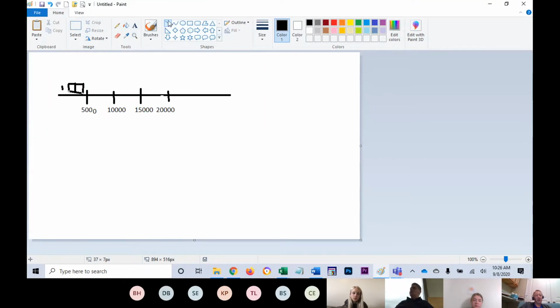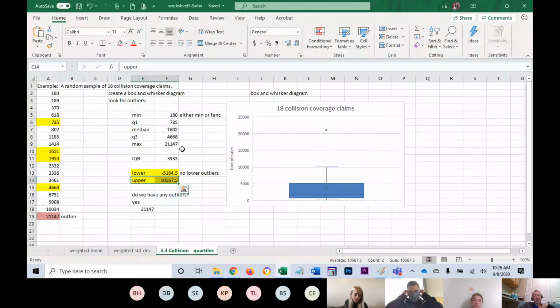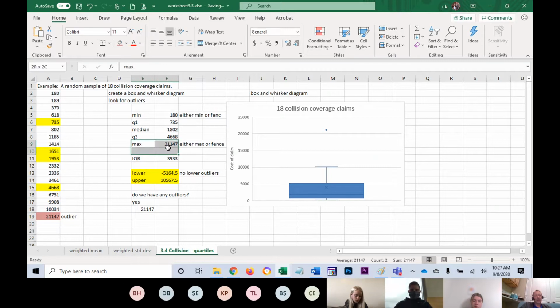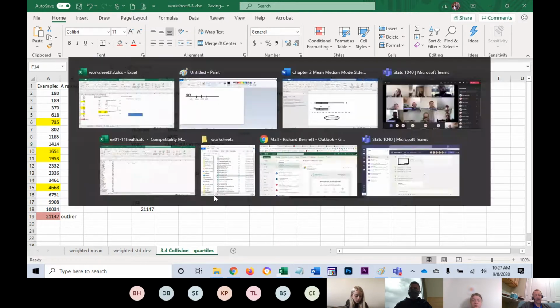I'll put a whisker from here to here. And then I need to put another whisker. Now, the other whisker is either going to be the max or the fence. Okay. In this case, because the maximum is an outlier, I'm not going to draw it to 21,000. I'm only going to draw this to 10,500.